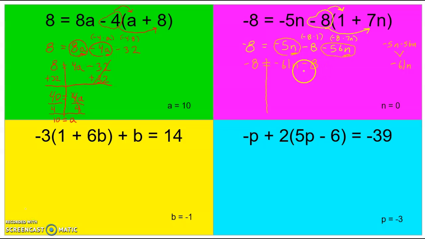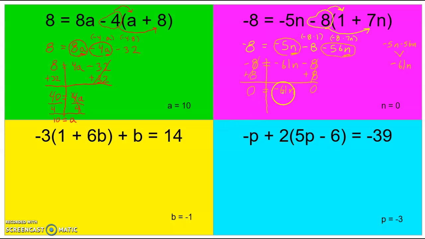So we have to add 8 on both sides, and when we do our math here, -8 plus 8 cancels out to 0. Now we have 0 is equal to -61n.